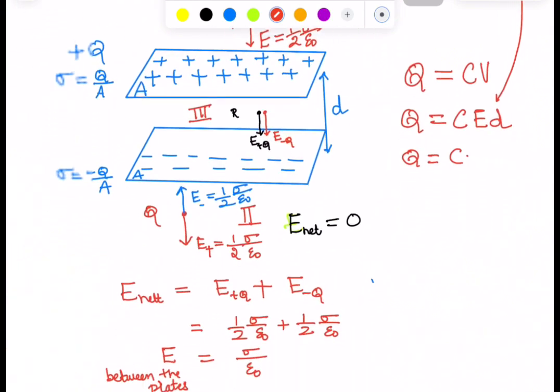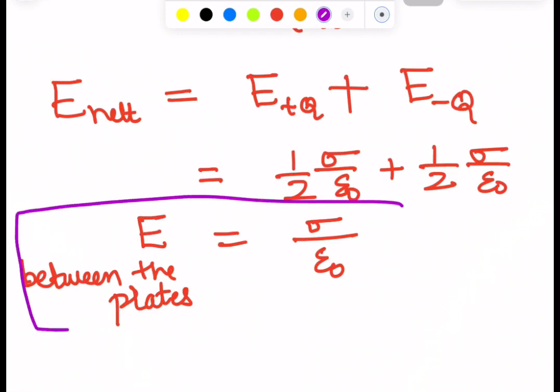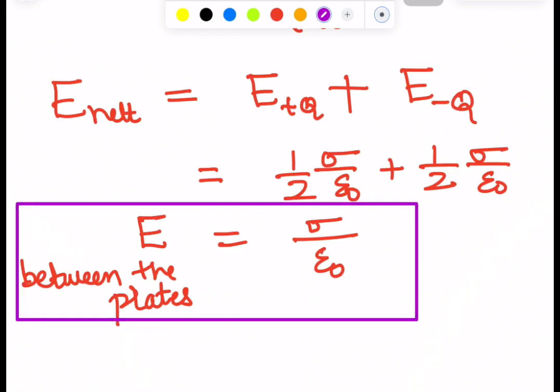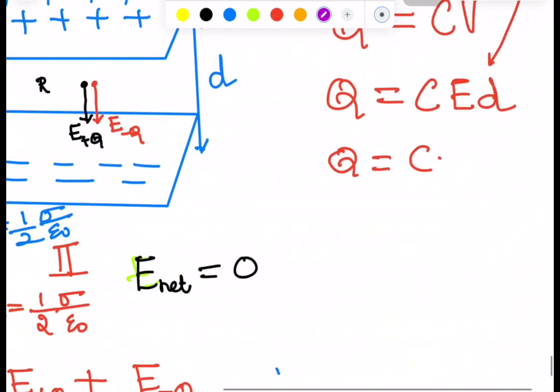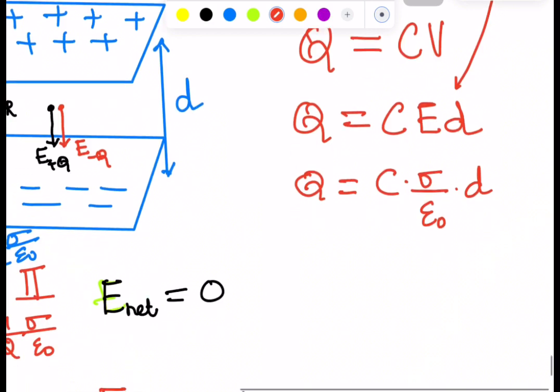Instead of E, you can just write down what we have derived. So the electric intensity between the plates is given by E is equal to sigma by epsilon naught, into d.